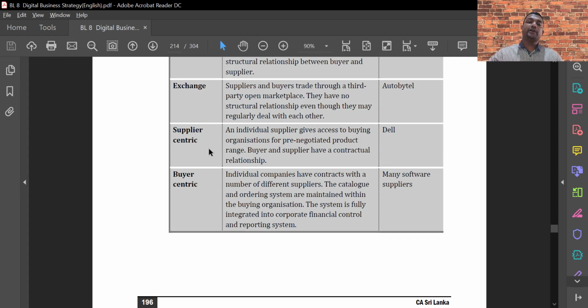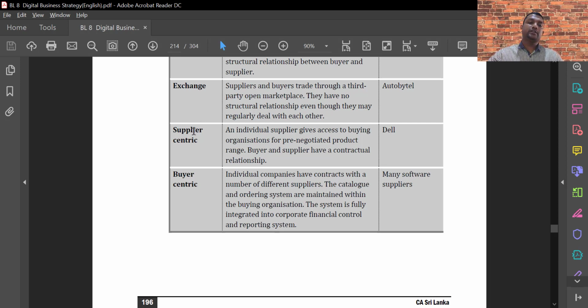Then comes the supplier centric, right? Each supplier gives access to organizations who want to buy, which is already a pre-negotiated product arrangement with the price and all that. So the supplier will have relationships with other buyers. The supplier will give access to the organizations to buy online.